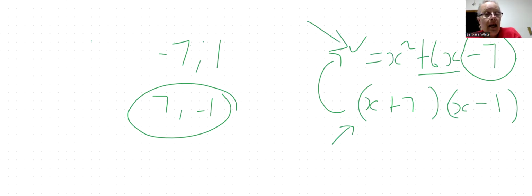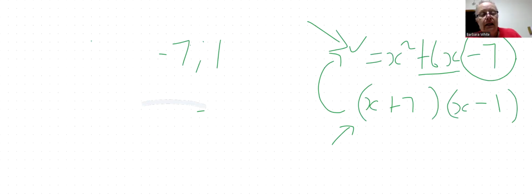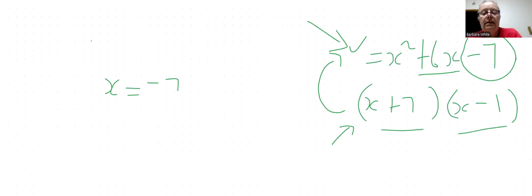Let me find the x-intercepts of this particular function. Let's see, for x plus 7, bracket 2 equals 0, x must be minus 7. So there is 1. For this bracket to be equal to 0, x must be 1. So now we know where it crosses the x-axis, where it crosses the y-axis, and then you can use those to draw the parabola.